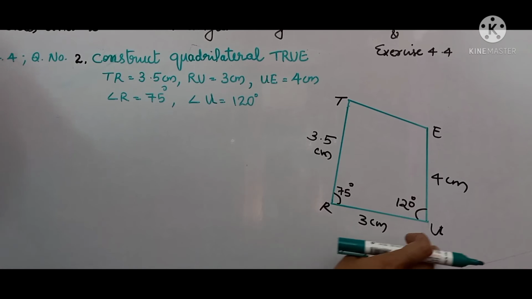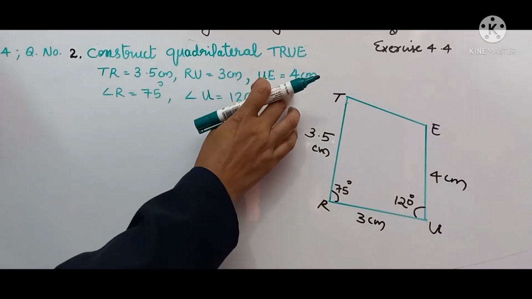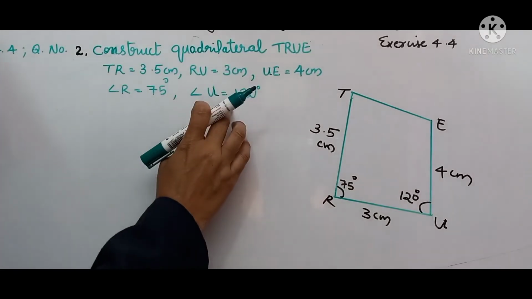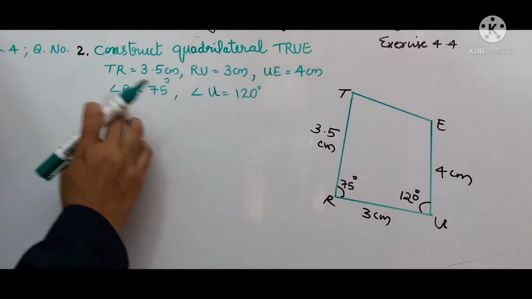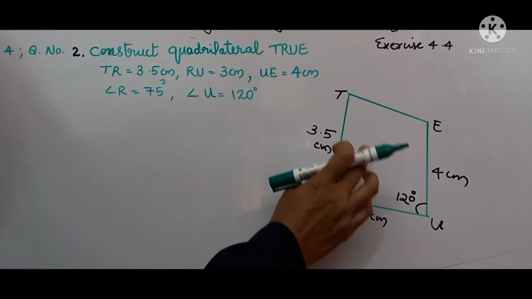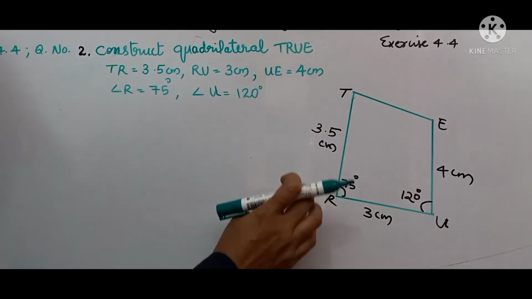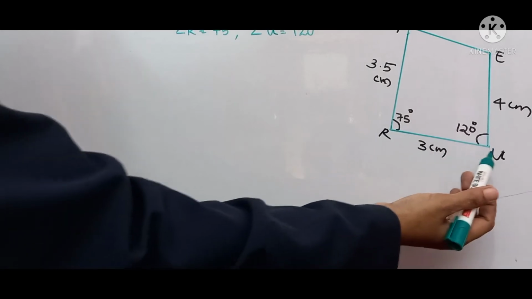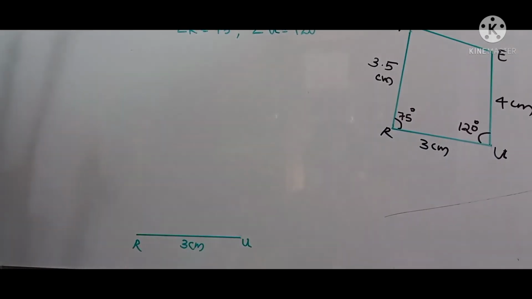RU 3 centimeter, UE 4 centimeter, angle R 75 degree, angle U 120 degree, and TR is equal to 3.5 centimeter. First we have to draw RU with the 3 centimeter. Here I have drawn that RU 3 centimeter.